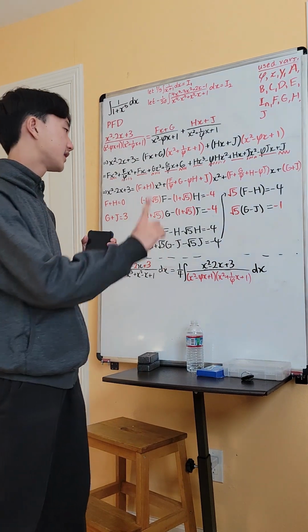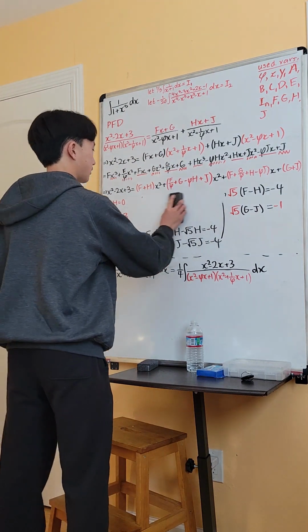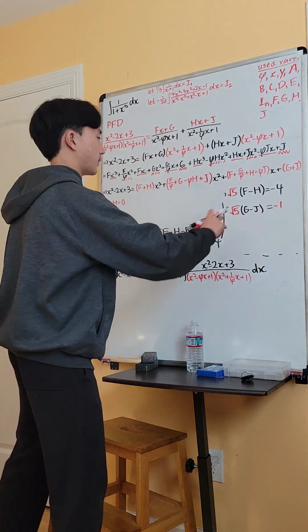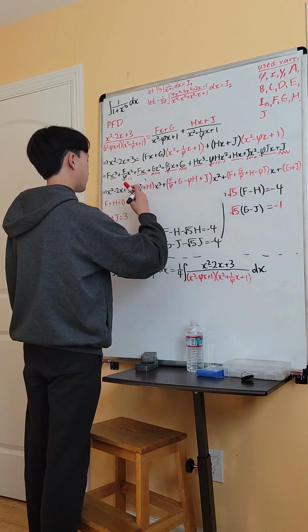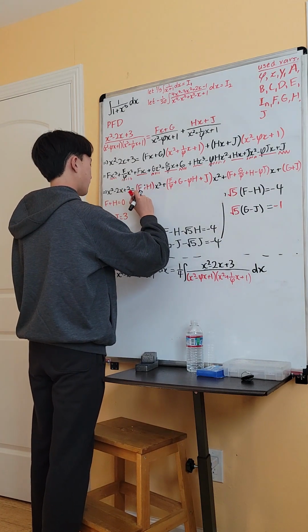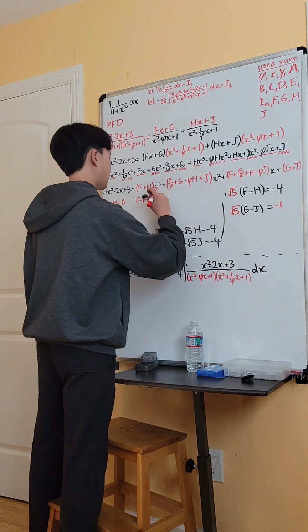Alright, and last step is we're going to erase this, and then we're going to go from here to here. Dividing by root 5 in this equation, we get f minus h is equal to negative 4 over root 5.